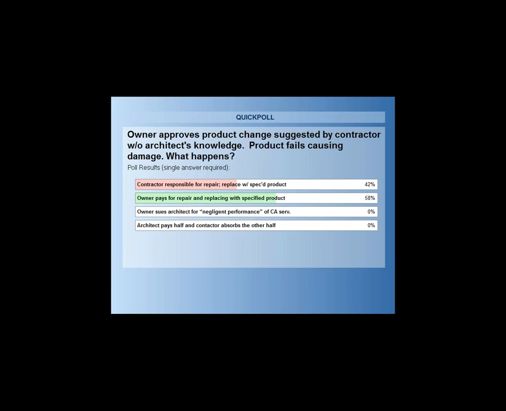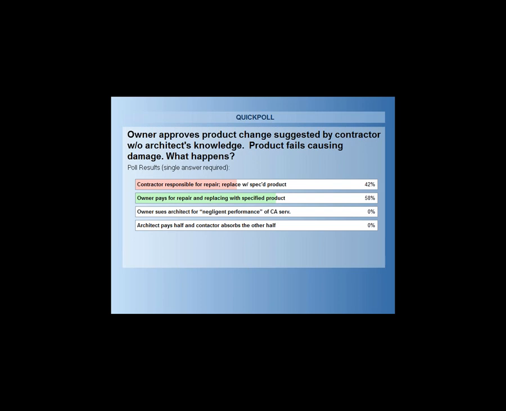I see we have our poll results, so let me finish up that thought real quick. Course of dealings, knowledge, implied consent. There's a number of factors that could go into whether or not that change is going to be considered by a court to be a valid change without actually having it written out and signed as a change order.